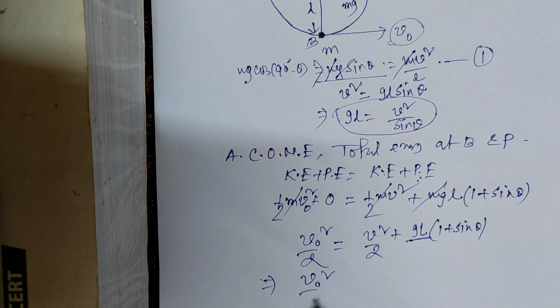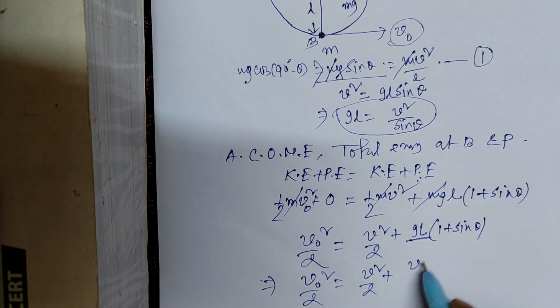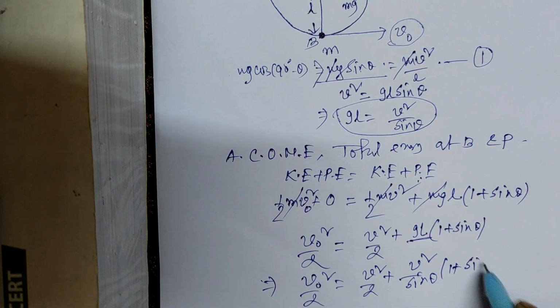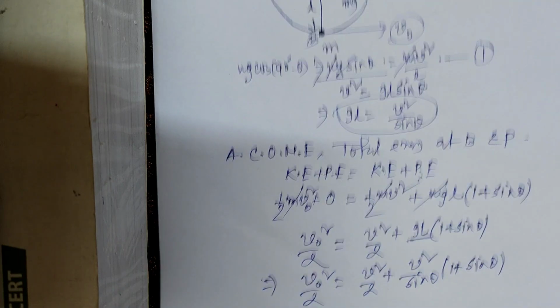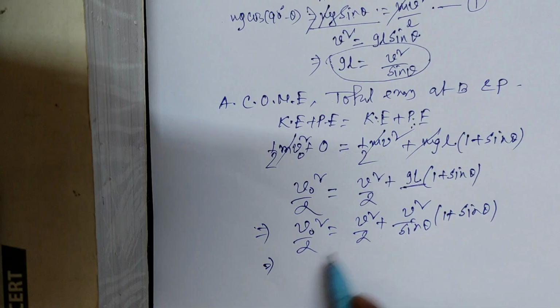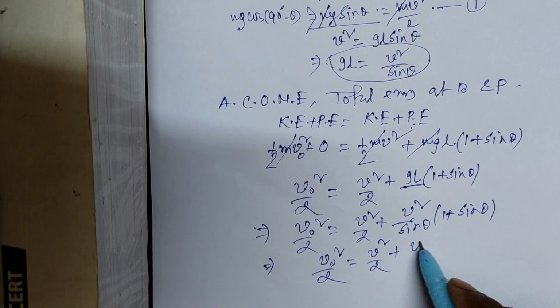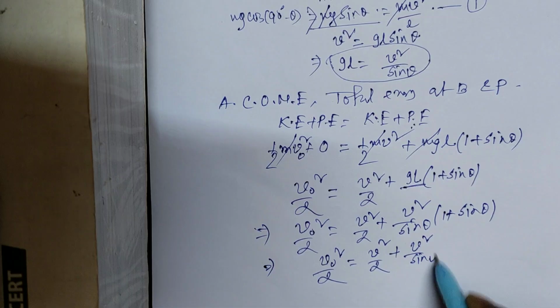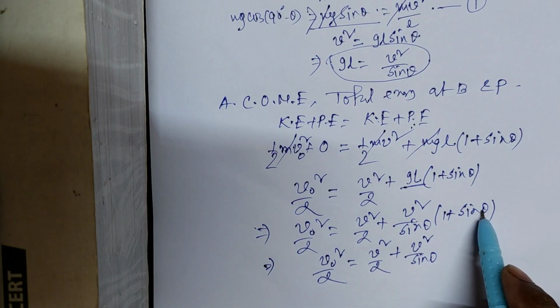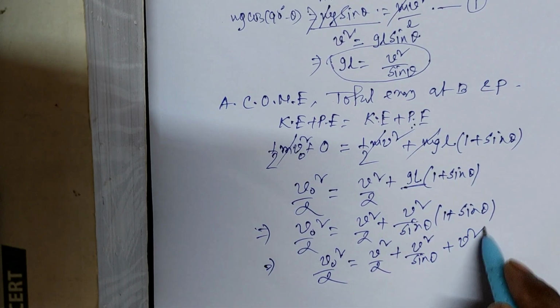So v0 square by 2 is equal to v square by 2 plus v square by sin theta into 1 plus sin theta. Now v0 square by 2 is equal to v square by 2 plus v square by sin theta, if we multiply this with that, plus v square.